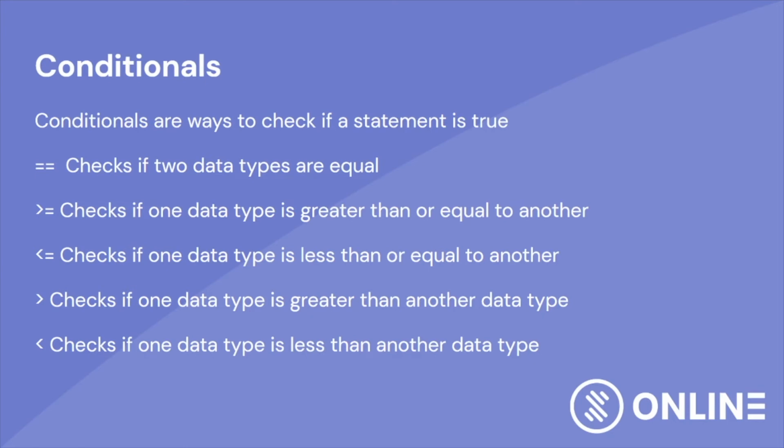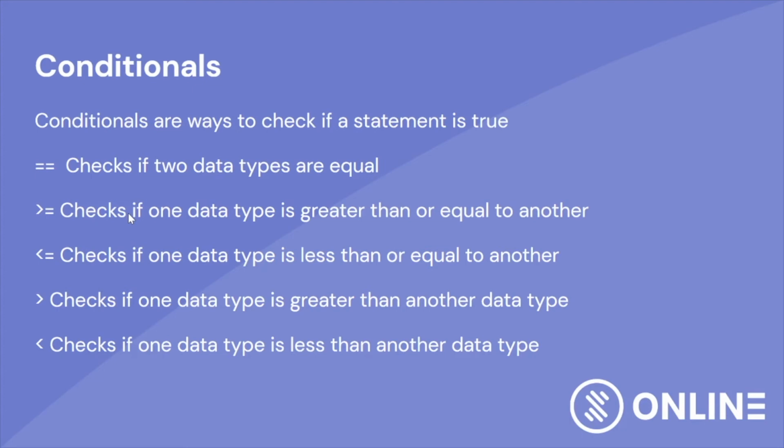So basically, equal equals checks if the two data types that you submit are equal. Greater than or equal to checks if one data type is greater than or equal to another. Less than or equal to checks if one data type is less than or equal to another. Greater than and less than check if one data type is greater than the other. And that goes into checking arithmetic functions.